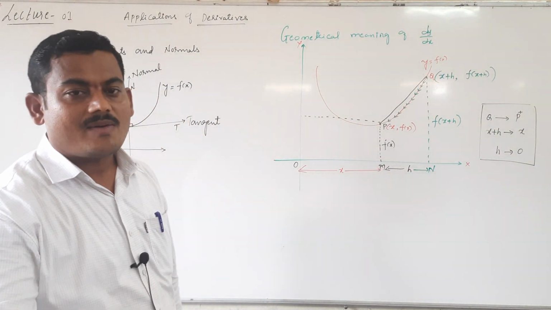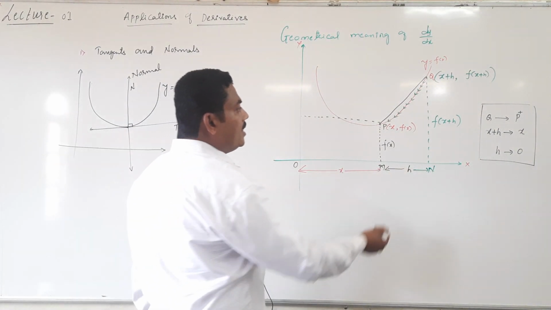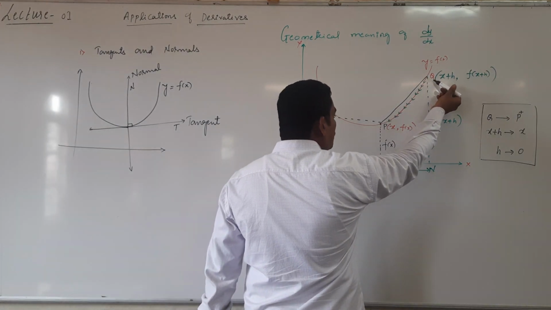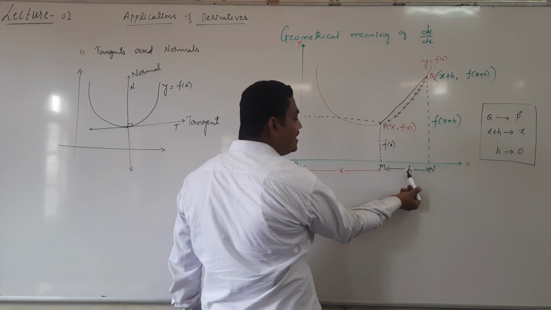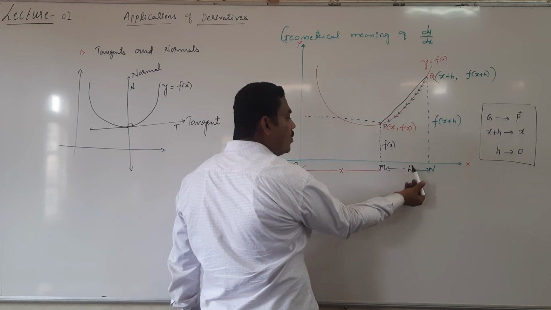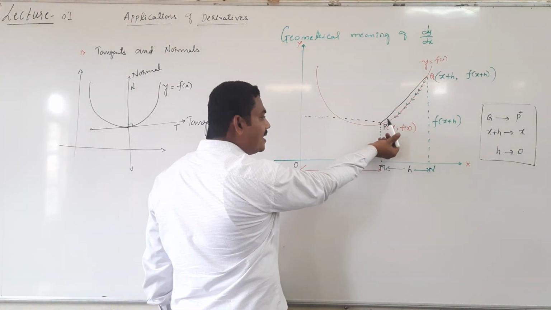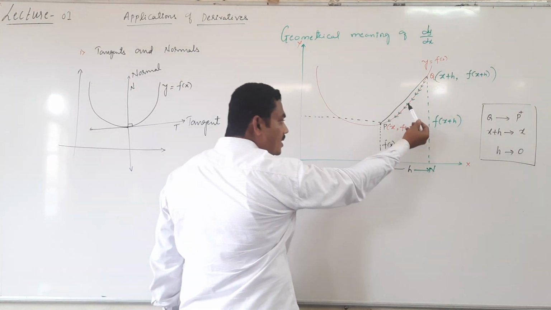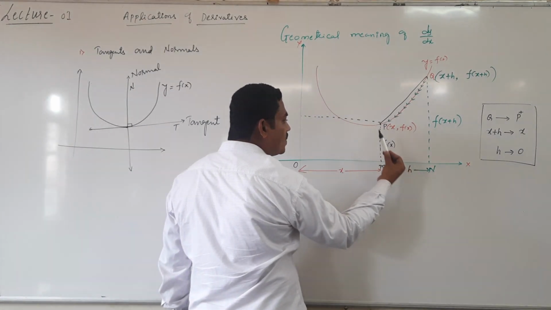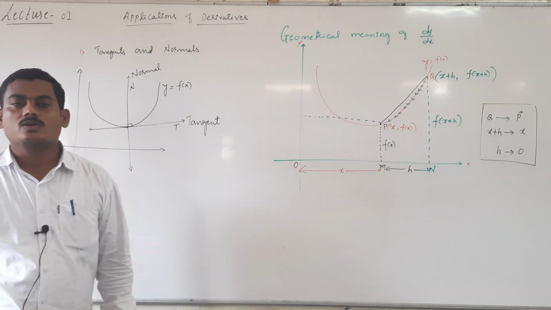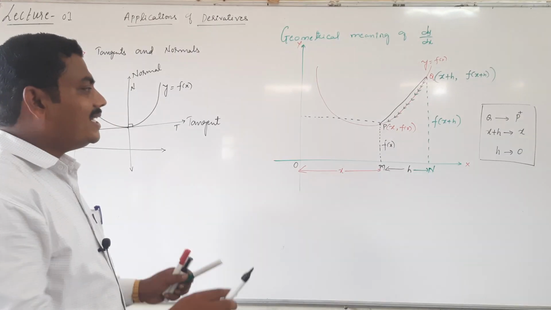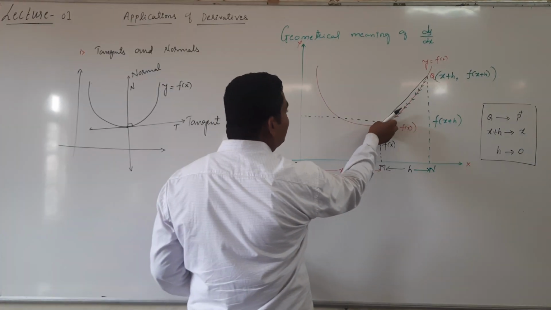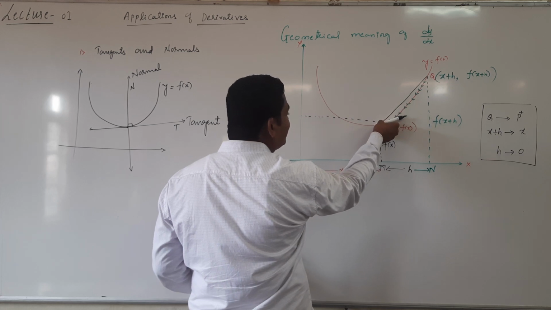This is from the graph, right? If you move this point Q towards P, then this h value goes on decreasing. Then Q comes closer and closer to P, right? Once it is very close to P, this secant line becomes the tangent only.